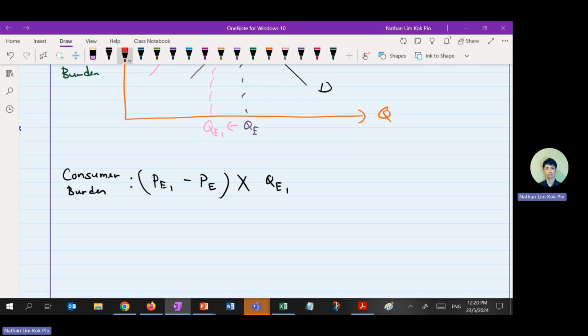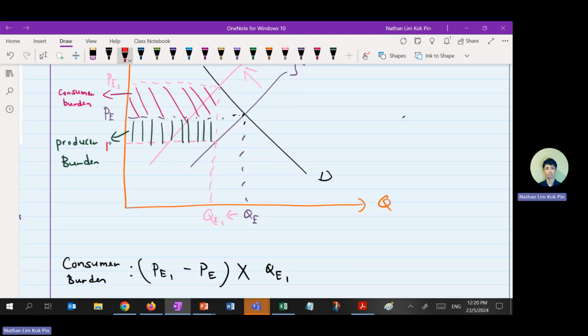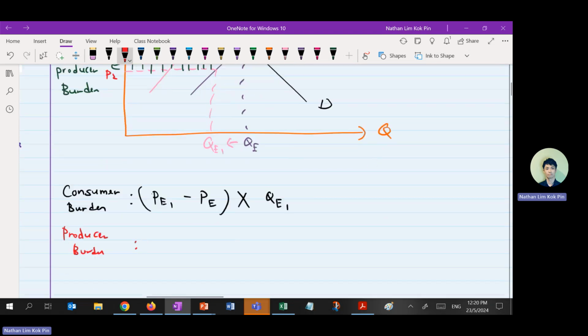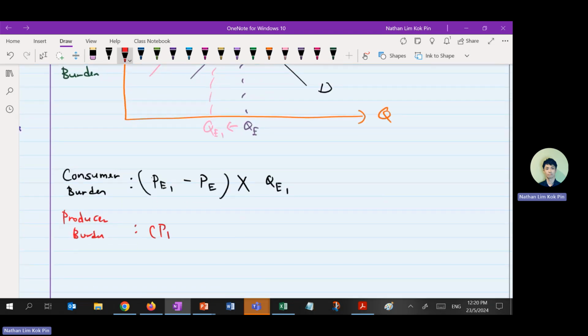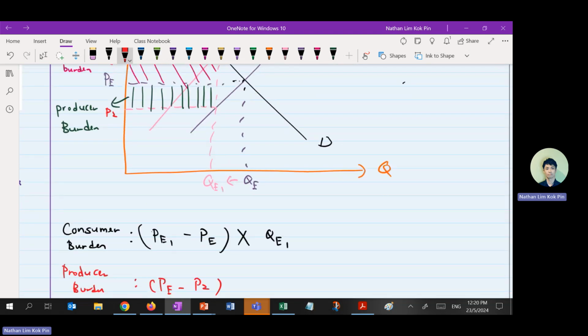Right? If I ask you the producer burden, this one is a calculation, and calculations are normally in short form. So let's say this is P2. It will be PE1, PE minus P2, times QE1. Make sense?